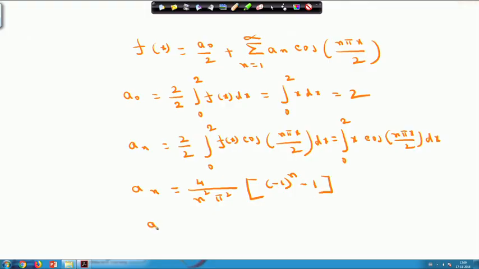So, that I can write down a 1 equals minus 8 by pi square, a 2 will be 0, that means even terms will be 0 when n is even, obviously from here your a 3 will be 8 by 3 square into pi square, your a 4 will be 0, and like this way it will go on. So, I obtained a naught, I obtained a 1, a 2, a 3, a 4 like this.